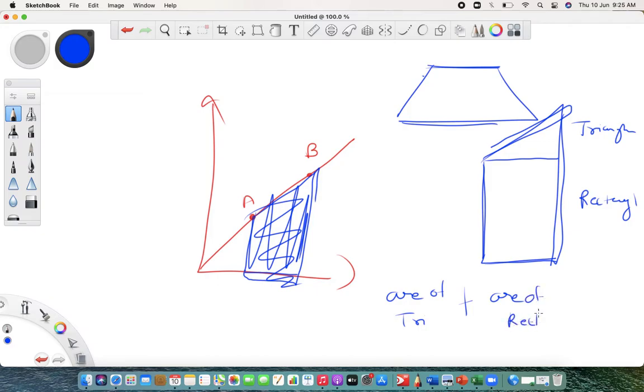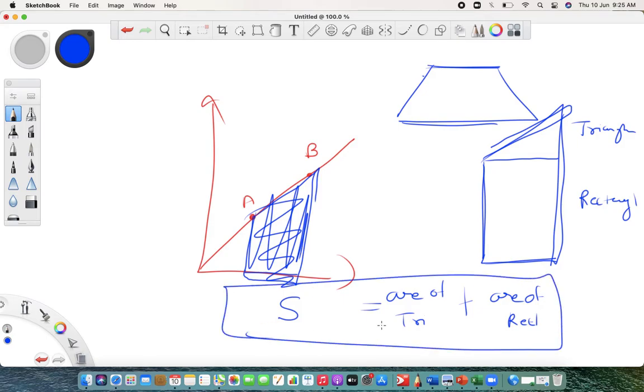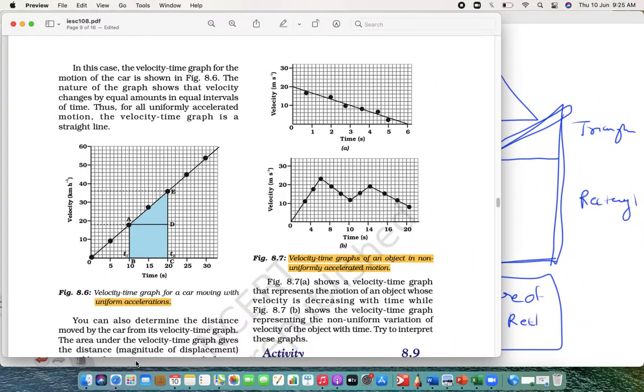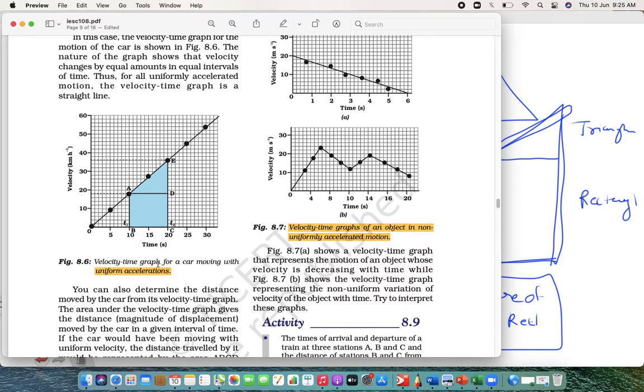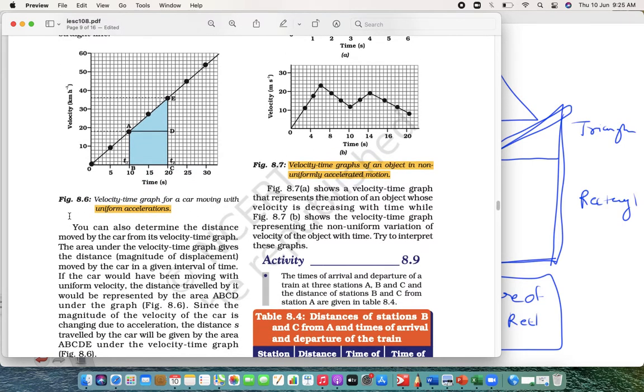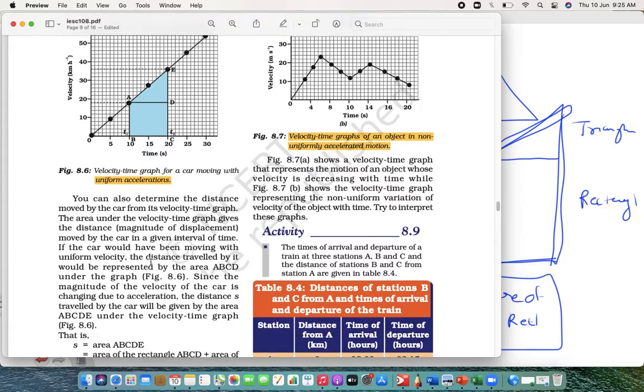And what are we finding here? Distance. So this is how we can find out distance. So from a velocity versus time graph, you can always find out distance when you shade it like this. This is the velocity time graph of a car moving with uniform acceleration, right? You can also determine the same distance with this one.